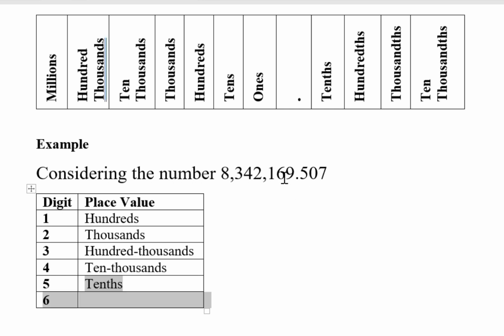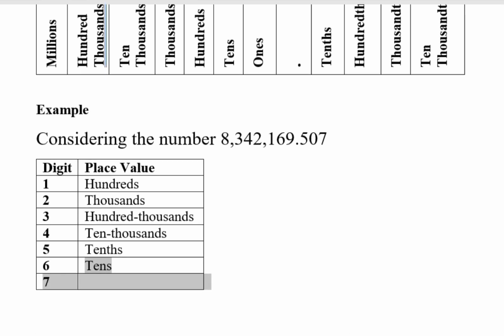This takes a place value of ones, this takes a place value of tens. So 6 has a place value of tens. What about 7? 7 is here. So this takes tenths, hundredths, thousandths. So 7 takes place value of thousandths.